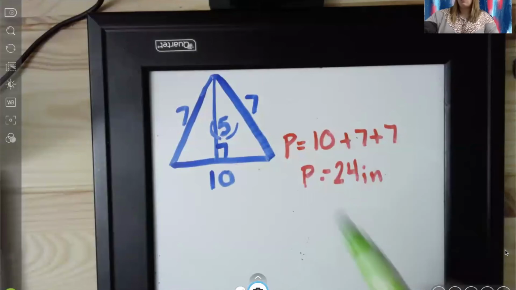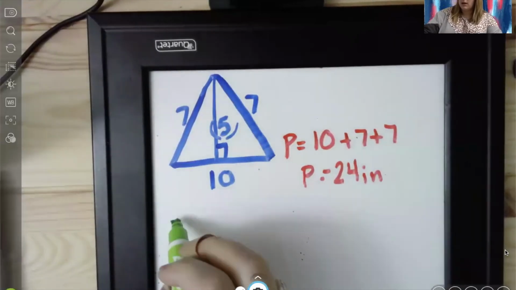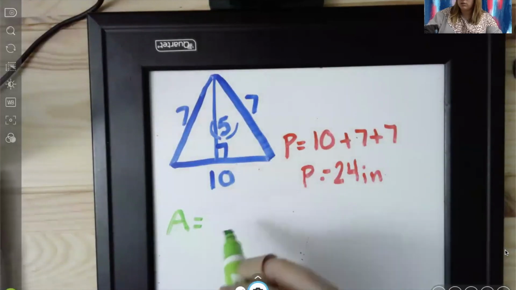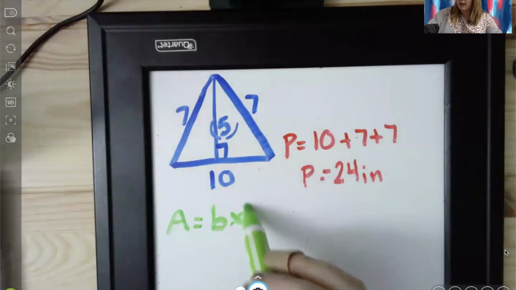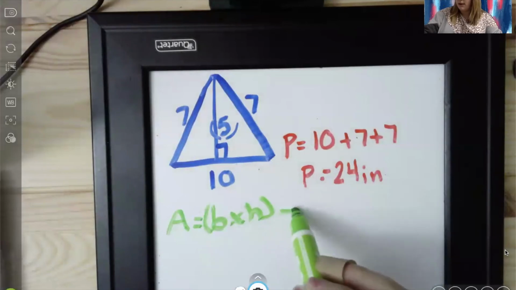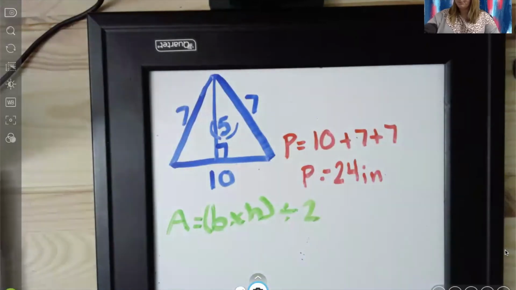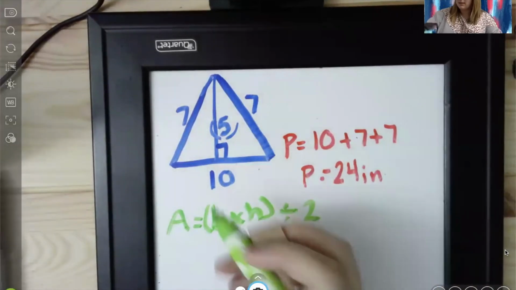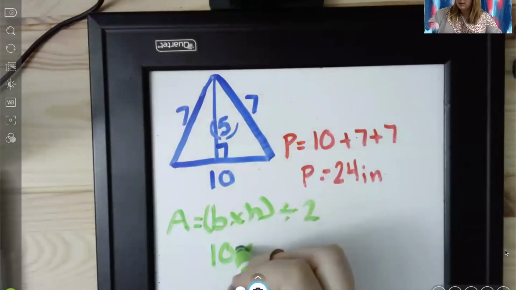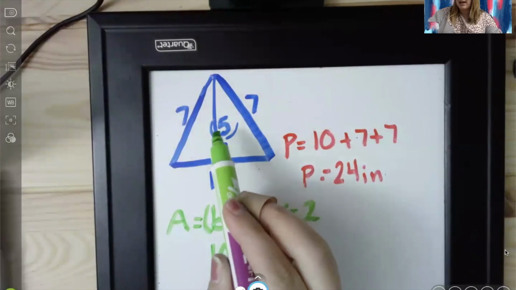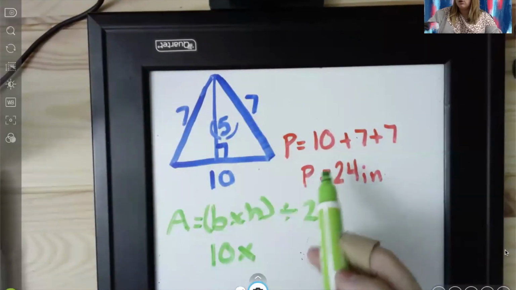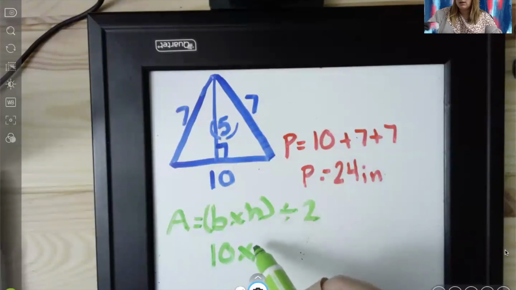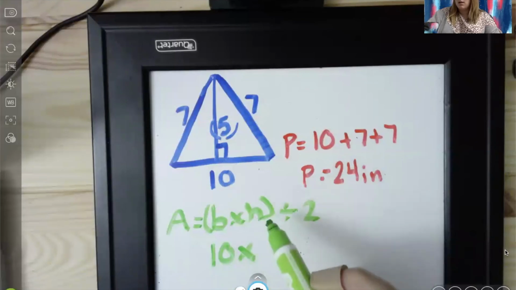Now, I will use this for area, because area of a triangle equals base times height divided by 2. This is the base, 10 is the base, times that 5 is the height. These 7s are not going to play into the area equation.